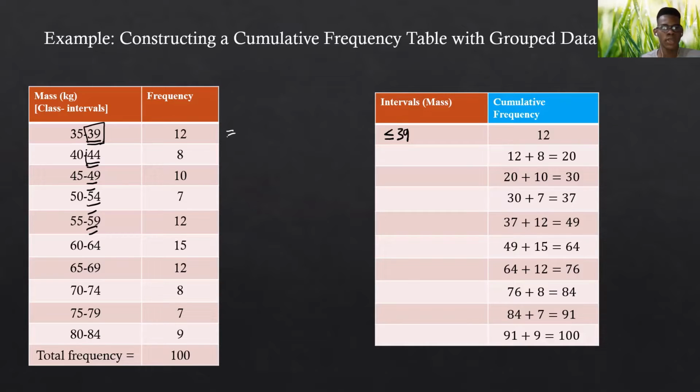The upper limit for the second is 44, so less than or equal to 44. I'm going through and showing you how to construct these cumulative frequency tables from scratch. This is 54. The upper limit is 54, so less than or equal to 54.